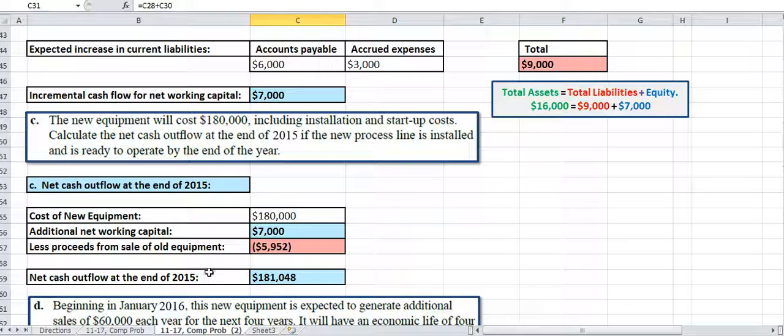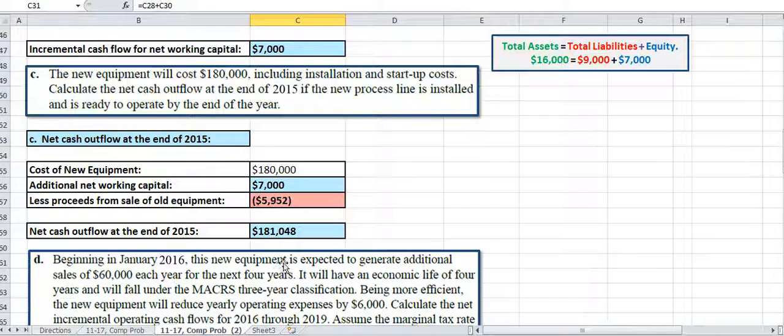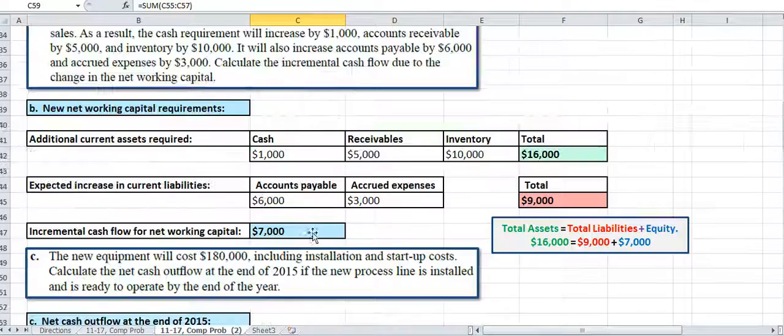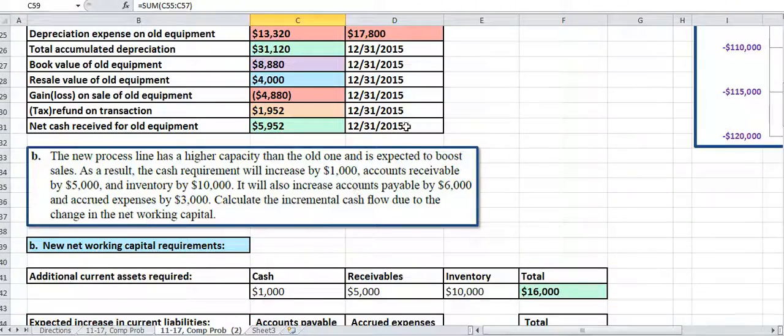So the net cash outflow is going to be 181. So we're adding up the 180,000 and the 7,000, and we're subtracting what we got from selling the old equipment, and we come up with an initial net cash outflow at the end of the year here, right?